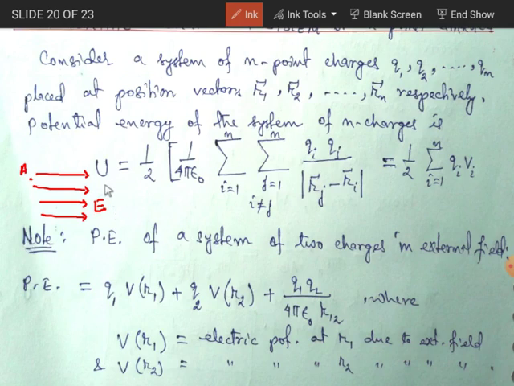Now B is somewhere here, and let's take it that this is your axis and this is your origin. A has a position vector, let's take it as R1 vector, and B has a position vector like this. Let's take it that P is somewhere here, with position vector, say R2 vector.